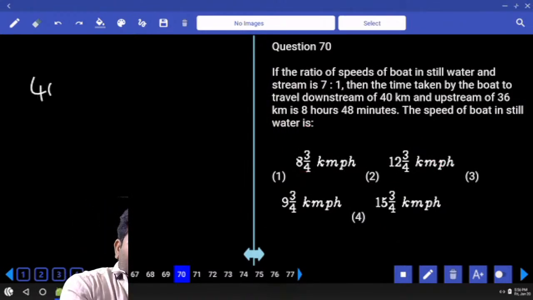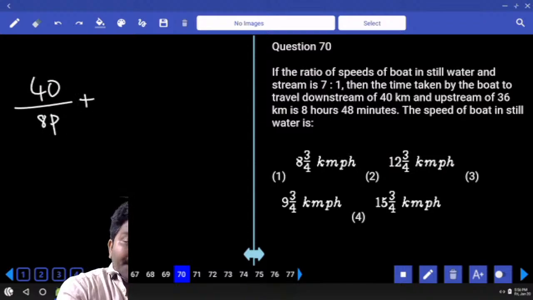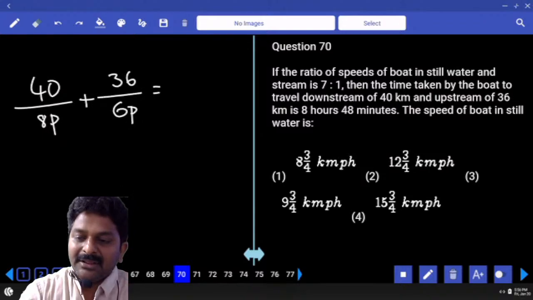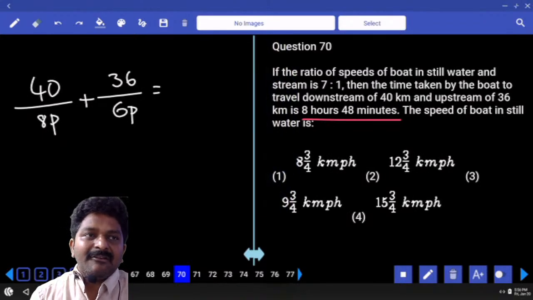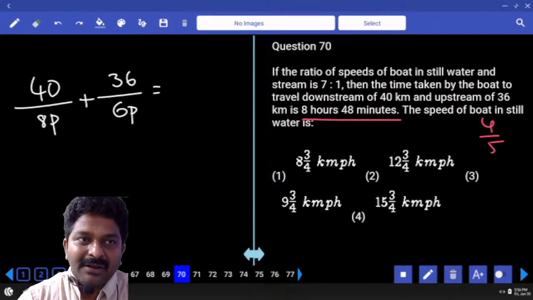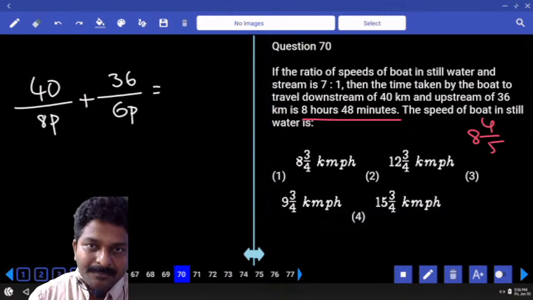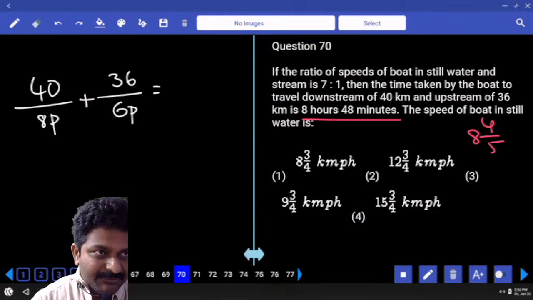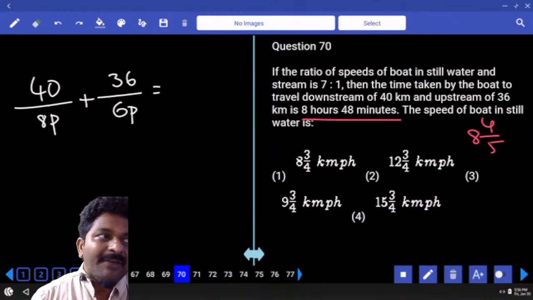In downstream, 40 kilometers covered, downstream speed m plus s, which is 8 parts. In upstream, 36 kilometers covered, upstream speed 6 parts, which is equal to the total time. They mentioned it as 8 hours 48 minutes. 48 minutes can be written as 4/5 hour only. 48 by 60, 12 fours, 12 fives. So 8 and 4/5 hour.